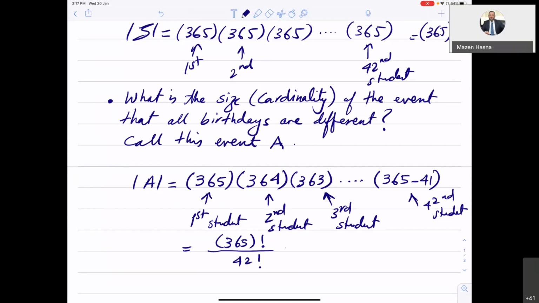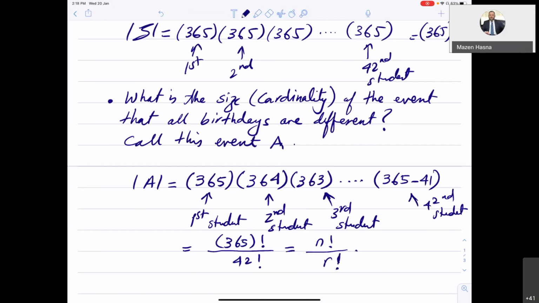Which is like n factorial over r factorial, right?